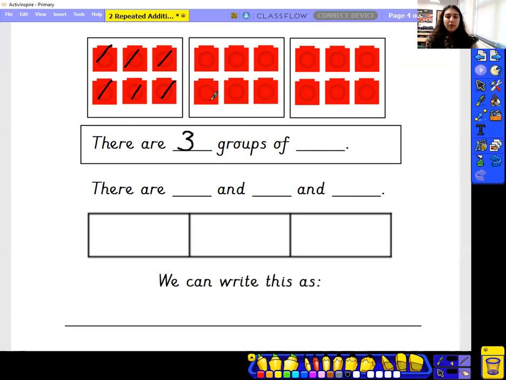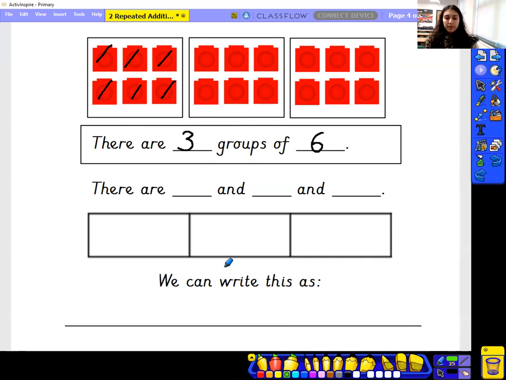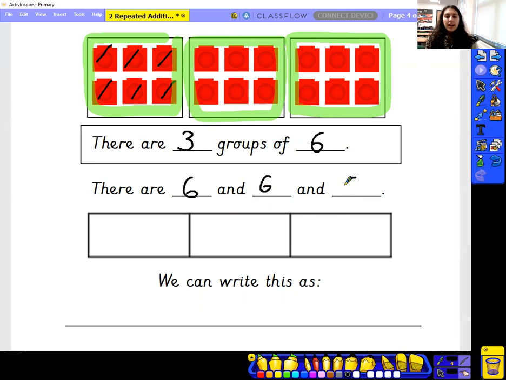So I've got 3 groups of 6 cubes. Then what I would say is that I've got 6 and 6 and 6. And we can write that here.